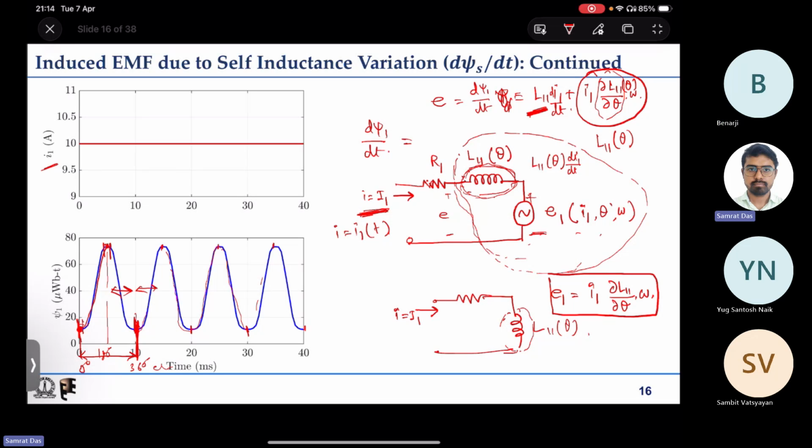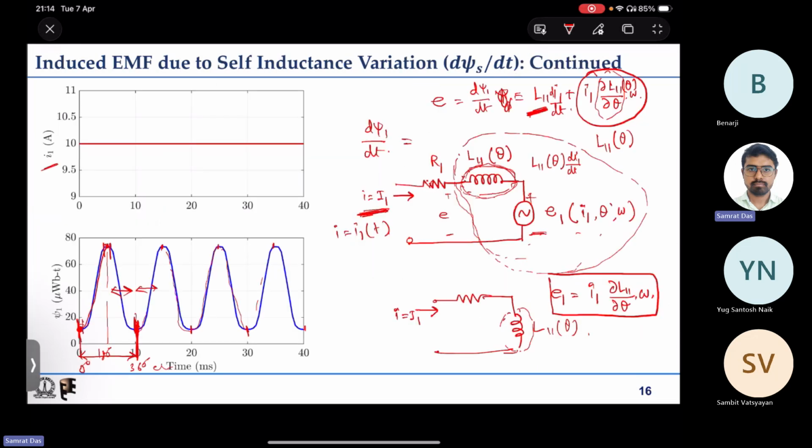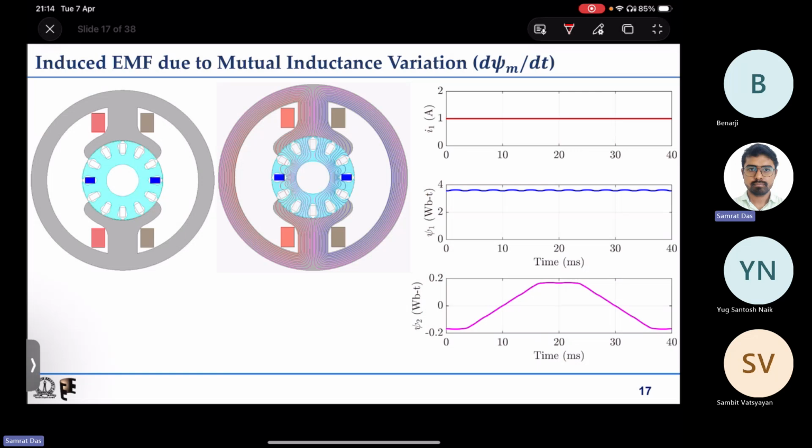Okay. So if this is clear, then let us go to the induced EMF due to mutual inductance variation. Unlike the previous case, we have two windings. We have one winding here, similar to the DC field winding, and we have another winding.